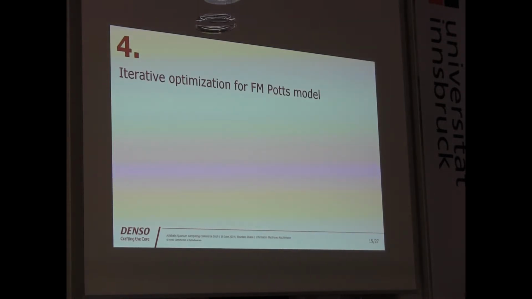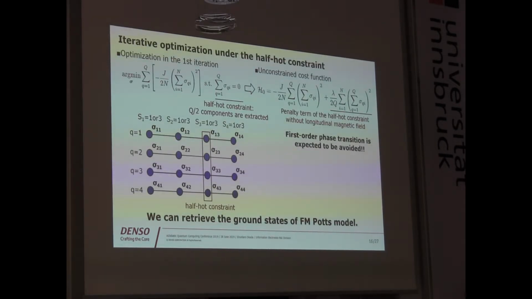Next, I propose an iterative optimization method for the ferromagnetic Potts model to avoid the first-order phase transition. In the first iteration, this optimization problem is solved, where the one-hot constraint is replaced with the half-hot constraint. And Q/2 components are extracted in the first iteration.